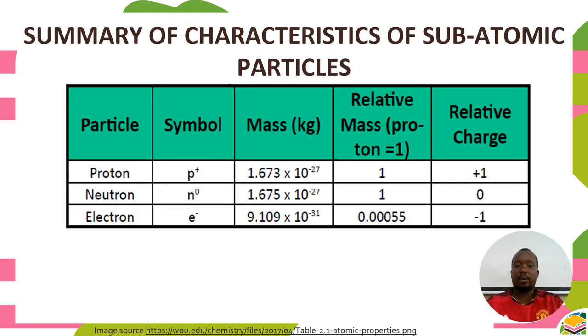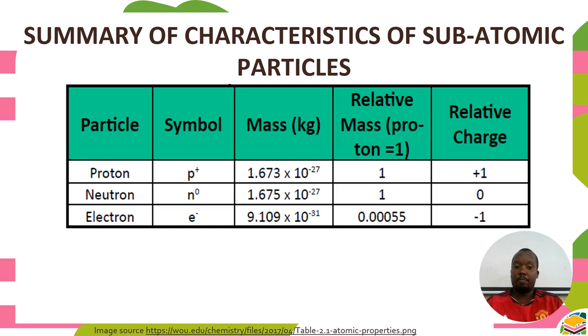And we can also have a summary of the characteristics of subatomic particles. In this table, we have particle, symbol, mass, which is in kilograms, relative mass, which is proton equal to 1, then relative charge.